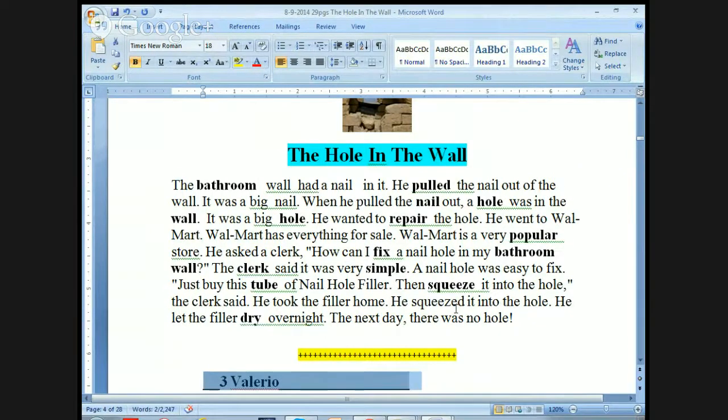The clerk said it was very simple. A nail hole was easy to fix, but just buy this tube of nail hole filler. Then squeeze it into the hole. The clerk said he took the filler home. He squeezed it into the hole. He left the filler to dry overnight. The next day, there was no hole.